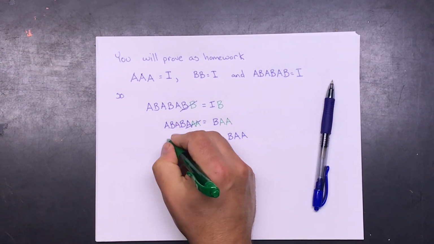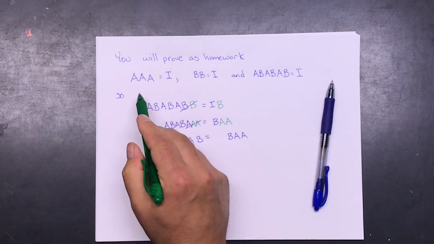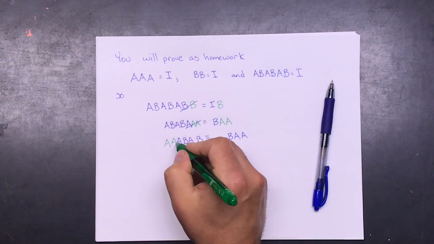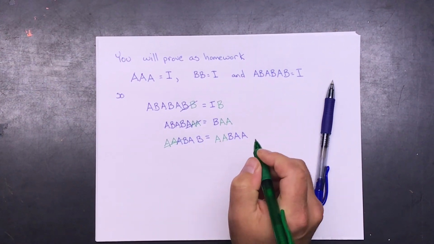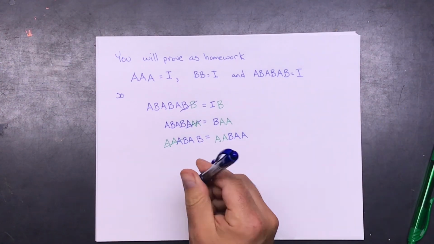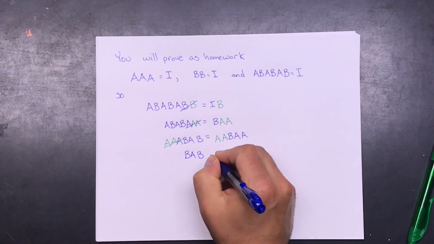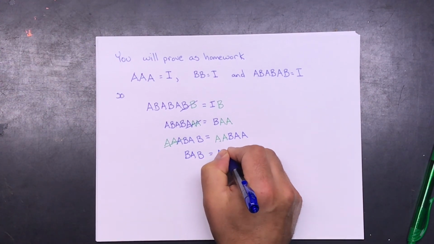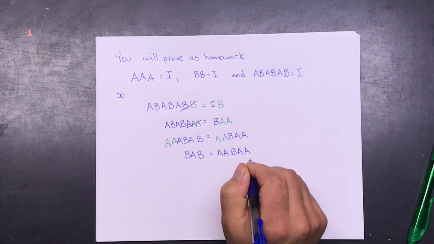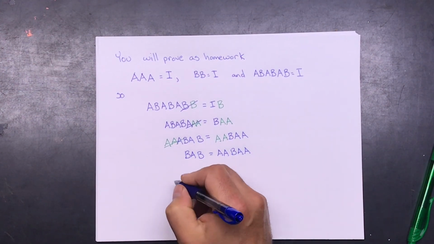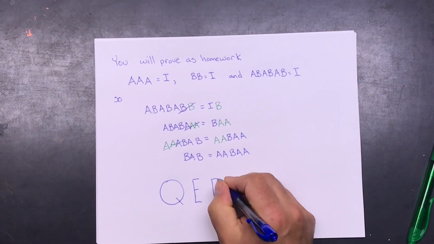Multiplying by two A's on the left, we see again we have three A's in a row, so we can cross them out. And we're left showing that BAB is equal to ABA. Now that's a proof. QED.